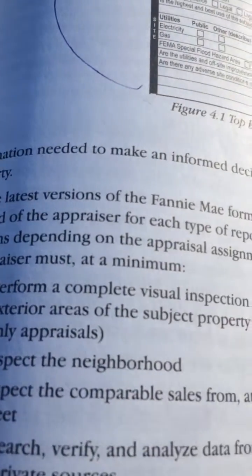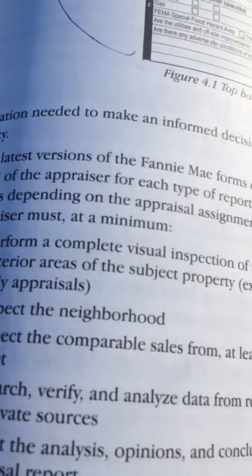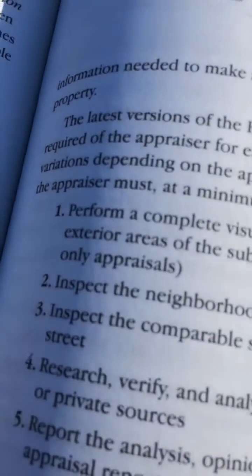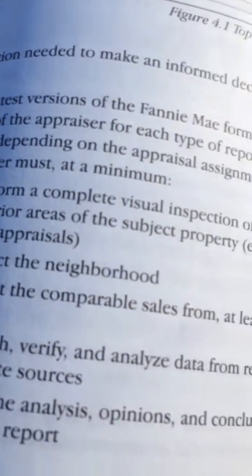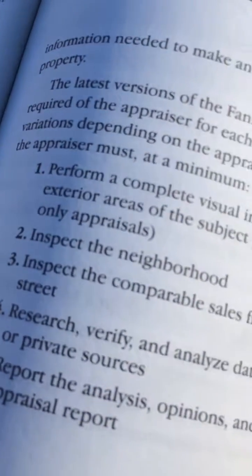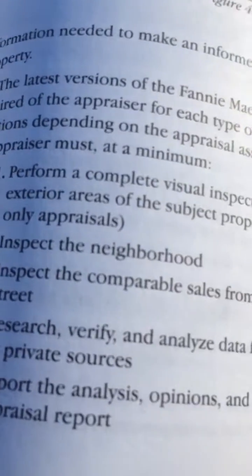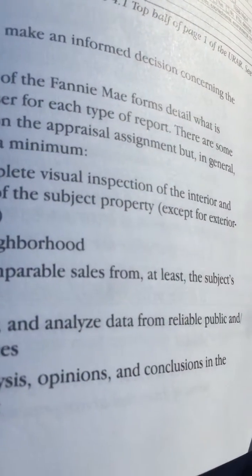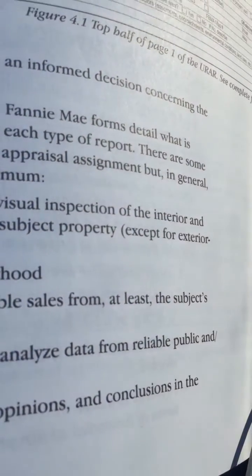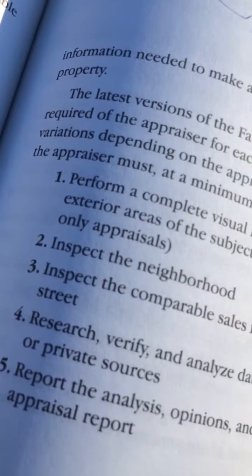The latest versions of the Fannie Mae forms detail what is required of the appraiser for each type of report. There are some variations depending on the appraisal assignment, but in general, the appraiser must, at a minimum: 1. Perform a complete visual inspection of the interior and exterior areas of the subject property, except for exterior-only appraisals. 2.